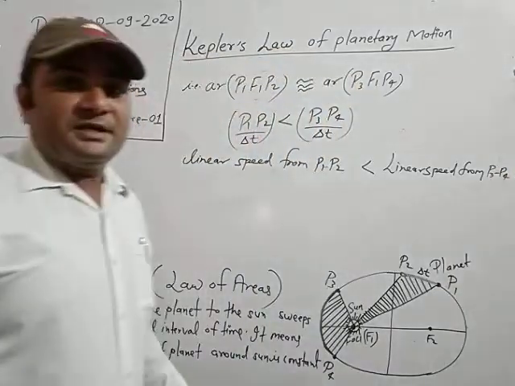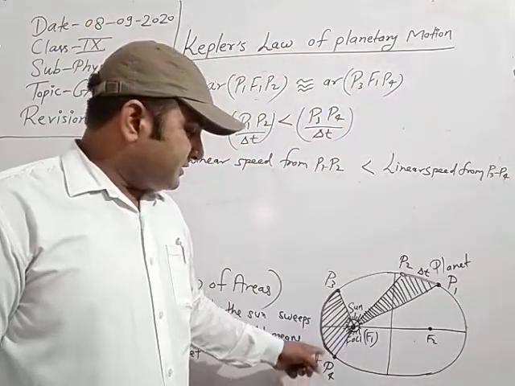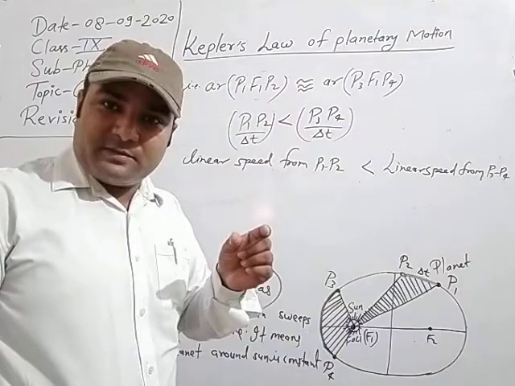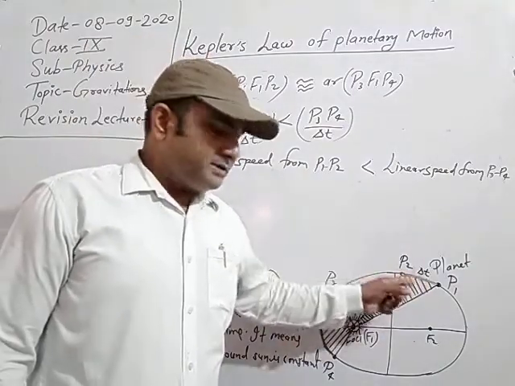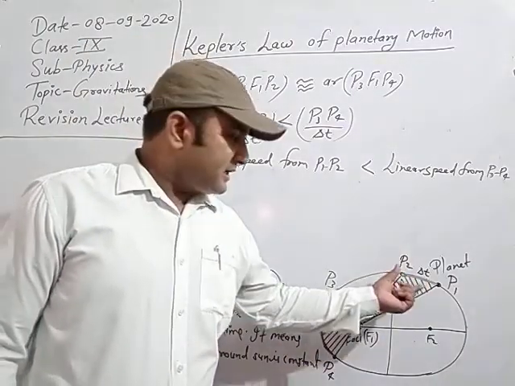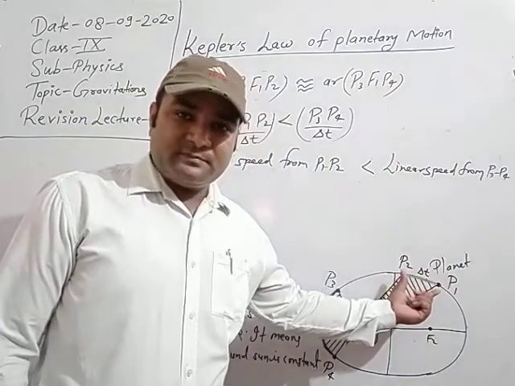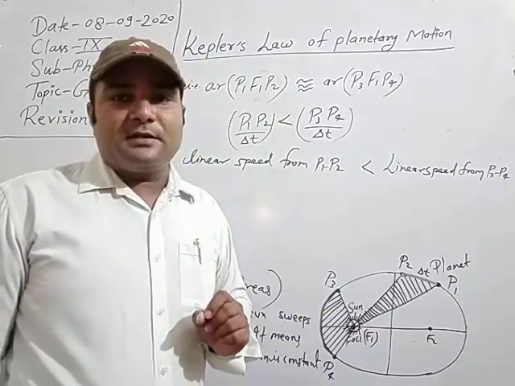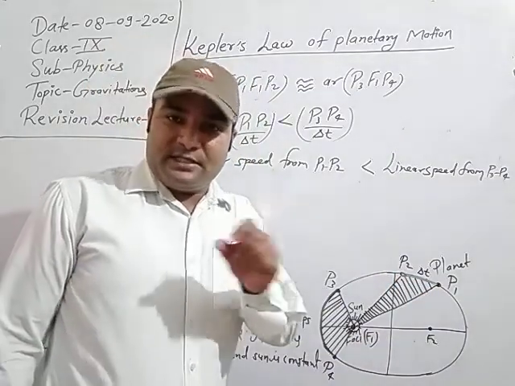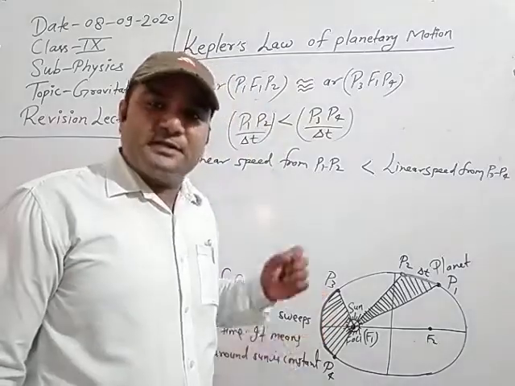Clear? P3 to P4 is the maximum distance covered in the same time interval, but here is the minimum distance covered in the same interval. This means at this duration the speed is least, and at this duration the speed is maximum.